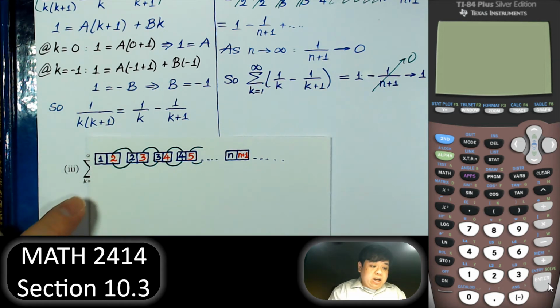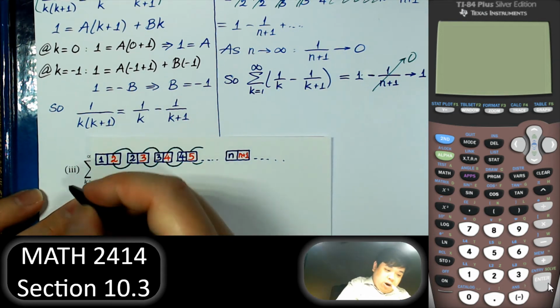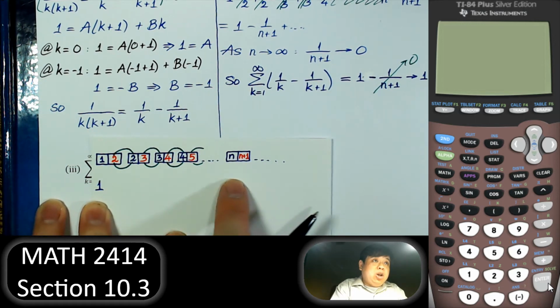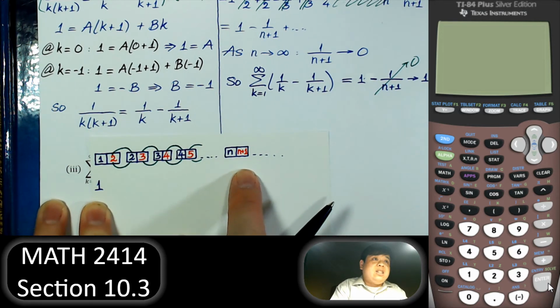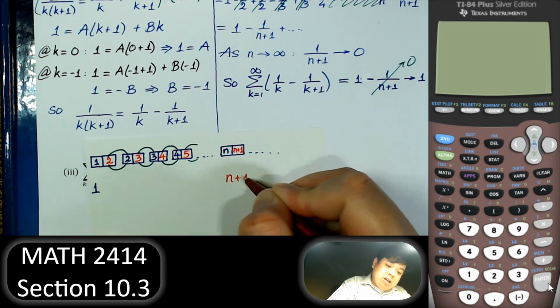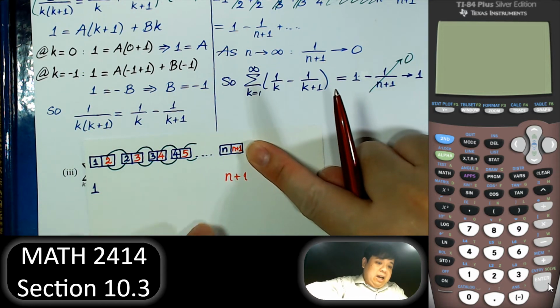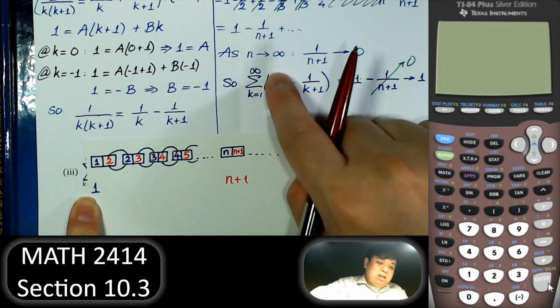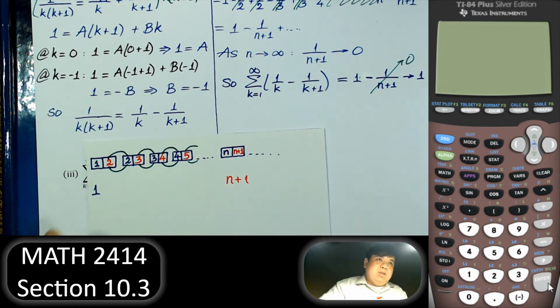What is not linked is the first term, so we're going to have 1 here. And this is the way it works: everything in the middle will cancel out except the n plus 1, if we stop here. Because the n plus 1 corresponds to minus, we have the first one, 1, and then n plus 1.